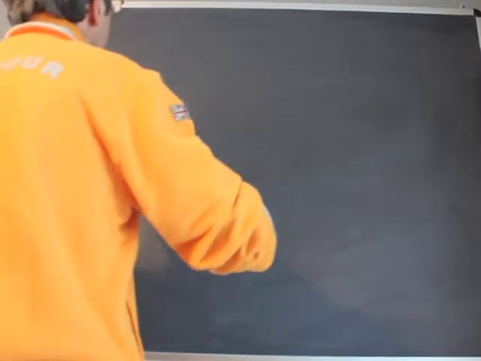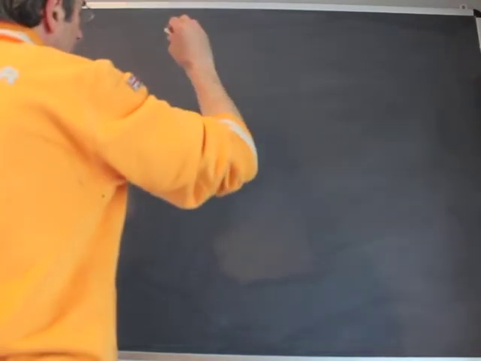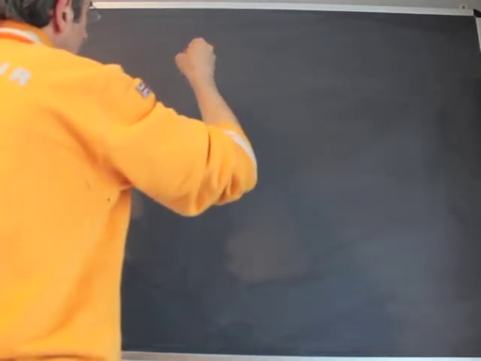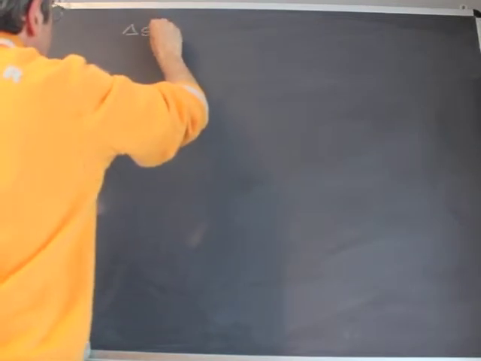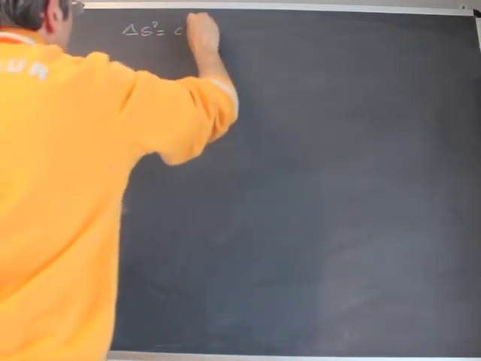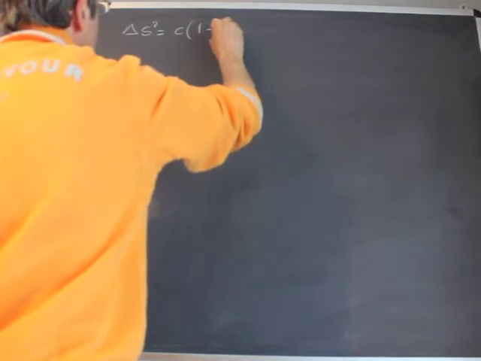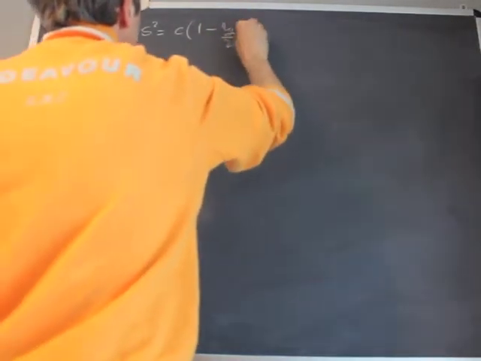We have seen that for a central mass m, we can write the Schwarzschild metric. That is this one.